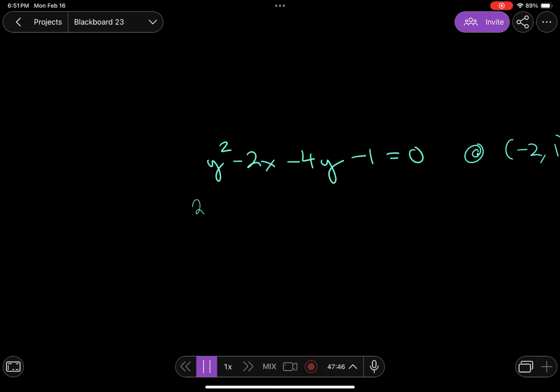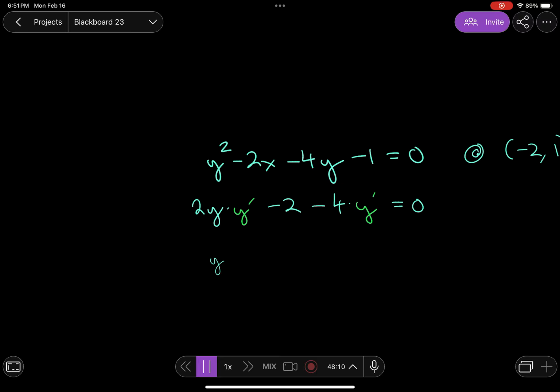Taking derivatives, 2y times y prime minus 2 minus 4 times y prime is equal to 0. So we got 2, solving for y prime. I can divide everything by 2.